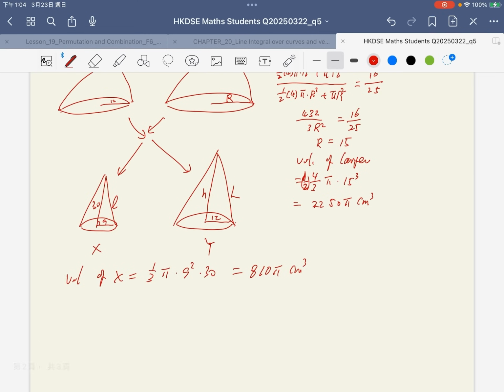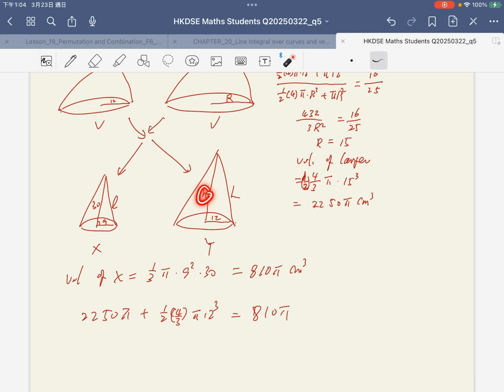And then the volume of this one plus this one, 2250 pi plus 1/2 times 4/3 times pi times 12 cubed, should be equal to 810 pi.